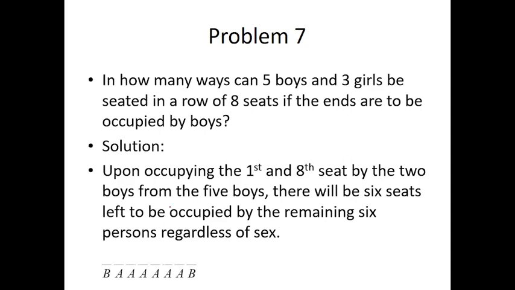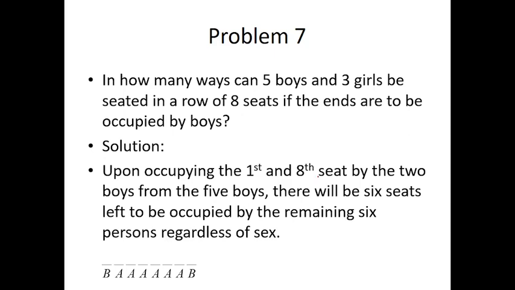So, in other words, since our goal is to place a boy in the first seat and the last seat, and the rest between the 2 boys, any gender or any sex can be male or female. Okay, so that's the condition.